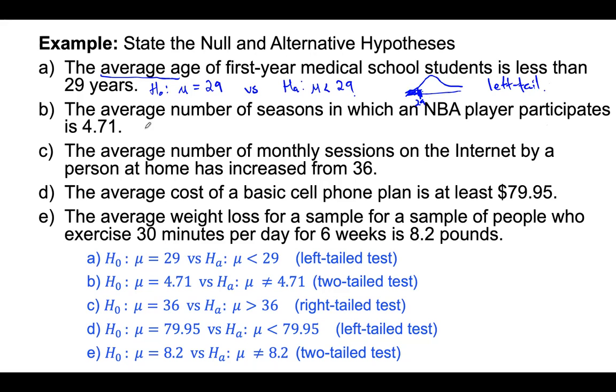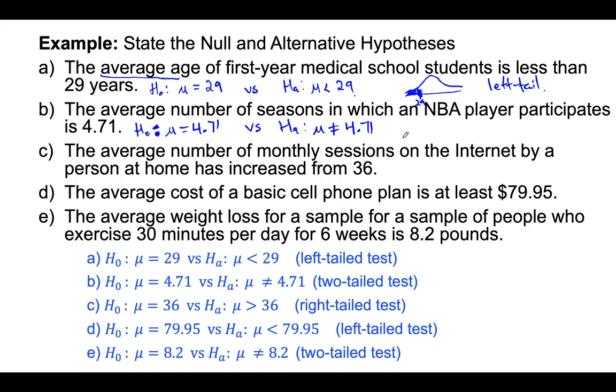The second one: the average number of seasons in which an NBA player participates is 4.71. So the null is where the average is 4.71, versus the alternative, where the average is not equal to 4.71.